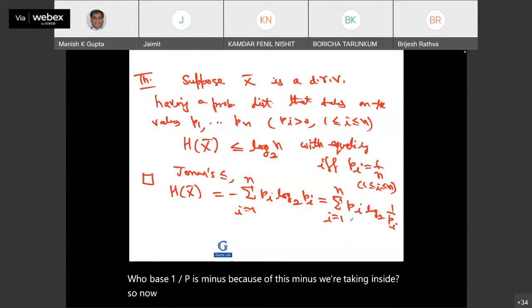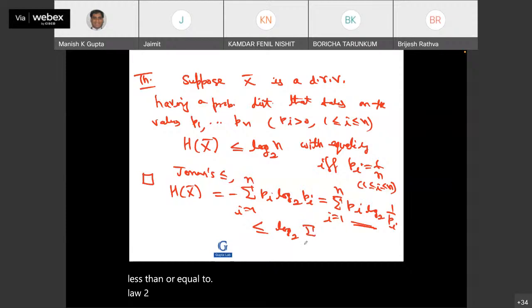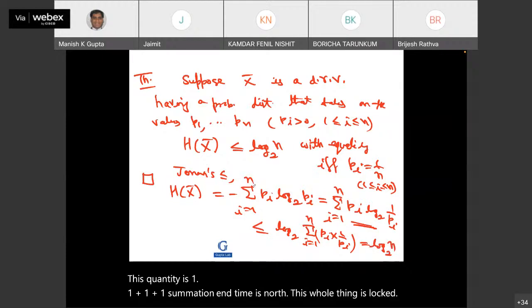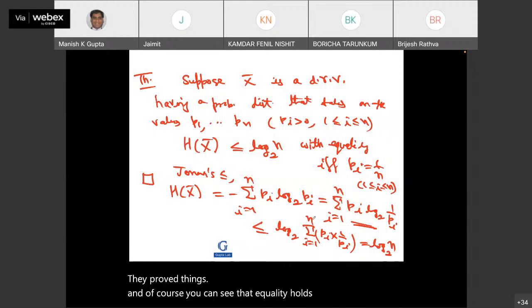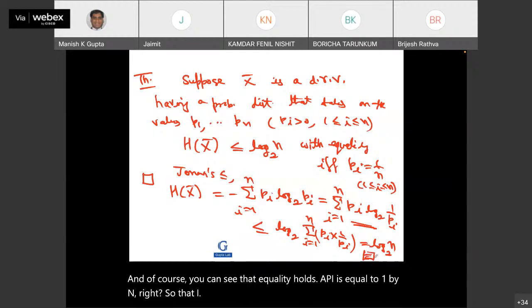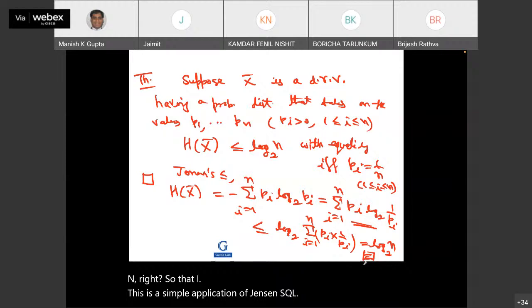Now we apply Jensen's inequality on this summation. This will be less than or equal to log base 2 of the summation i equals 1 to n of Pi into 1 over Pi. This quantity is 1, and 1 plus 1 plus 1, summed n times, is n. This whole thing is log base 2 of n. We prove the result. And of course, you can see that equality holds if Pi is equal to 1 by n. This is a simple application of Jensen's inequality.